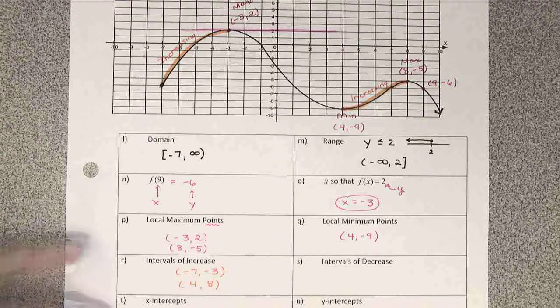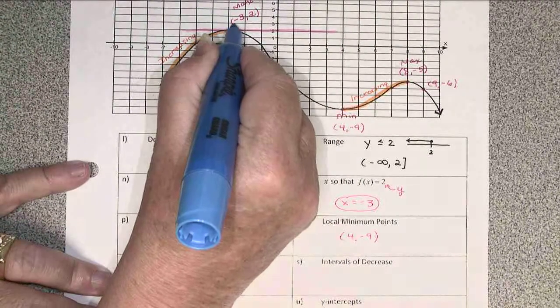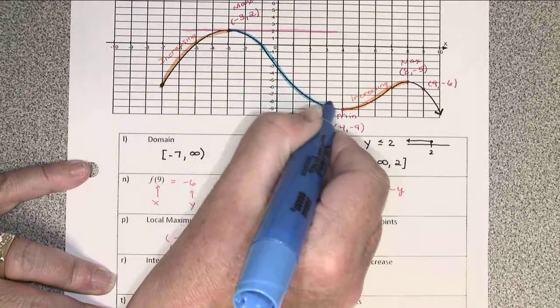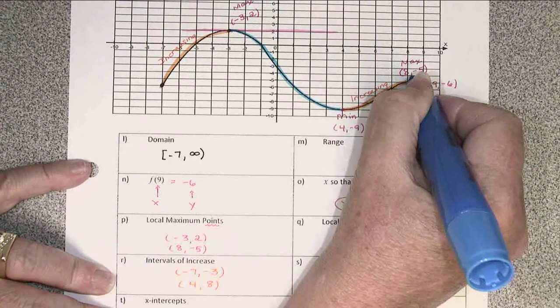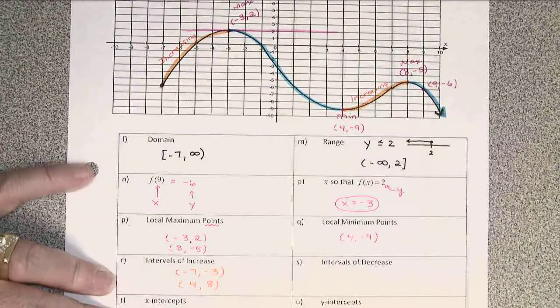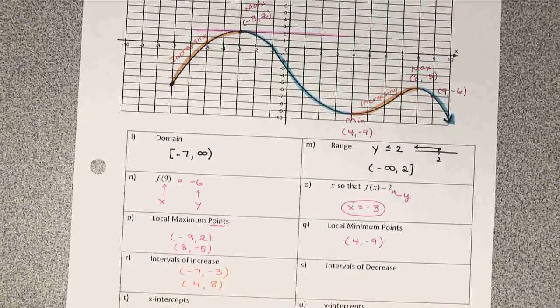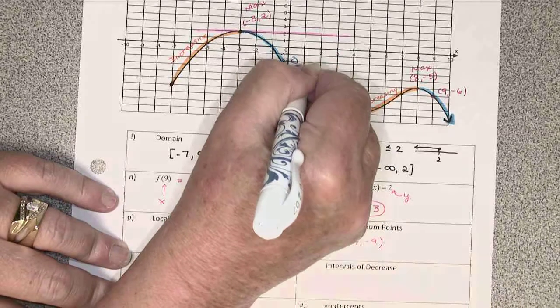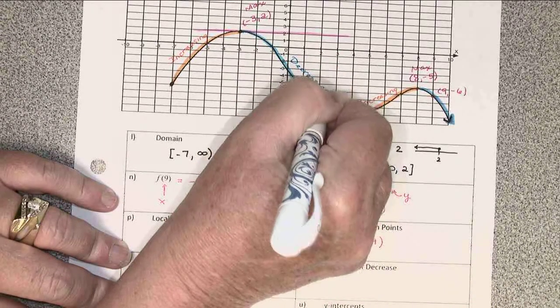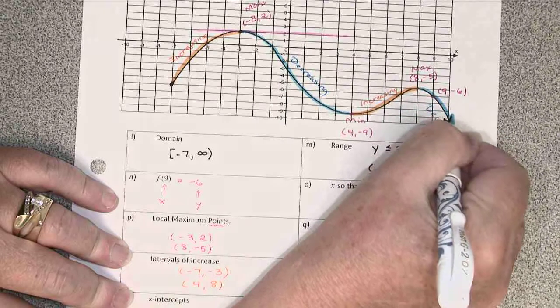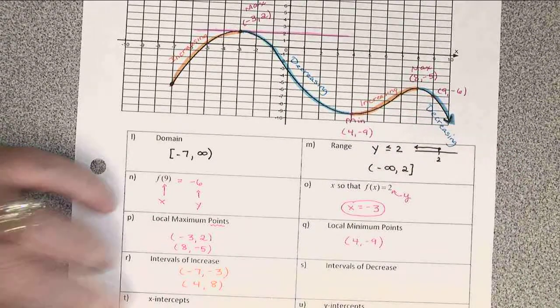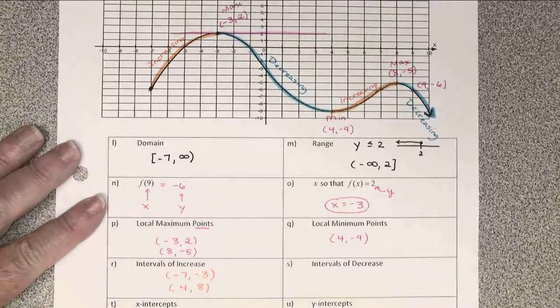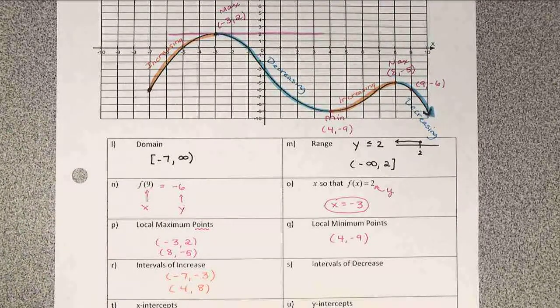All right, what about the intervals of decrease? The graph is decreasing through here, falling, and again over here forevermore, also falling. So we've got 2 sections where the graph is decreasing. If I list my intervals of decrease, once again I'm only interested in the x values.